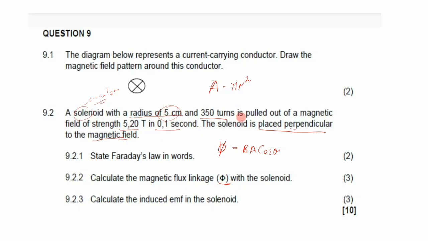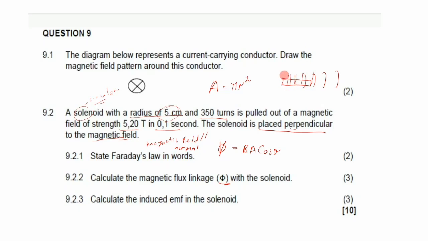So if the solenoid is placed perpendicular to the magnetic field, that goes to say that the magnetic field will be parallel to the normal, right? An indication of that will be this. If we put our magnet here in the solenoid, remember our magnetic field has to be in this direction, and the normal will be in that same direction, upward like that.